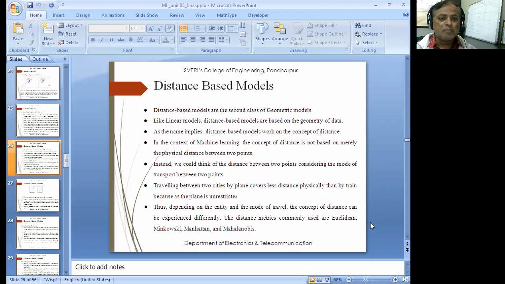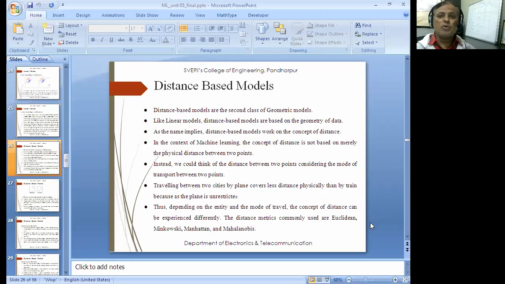So you can take this as an example of a distance-based model. Thus, depending upon the entity and mode of travel, the concept of distance can be experienced differently.